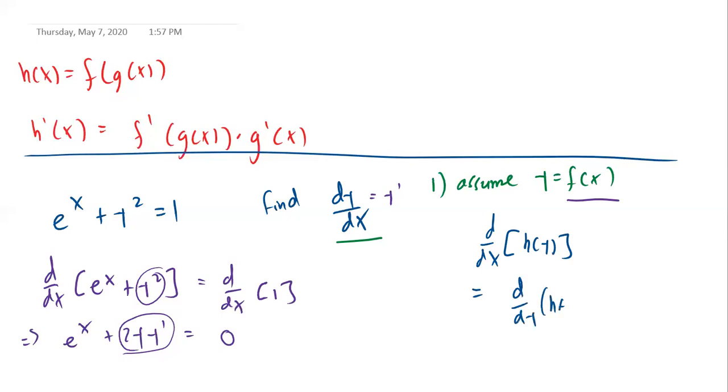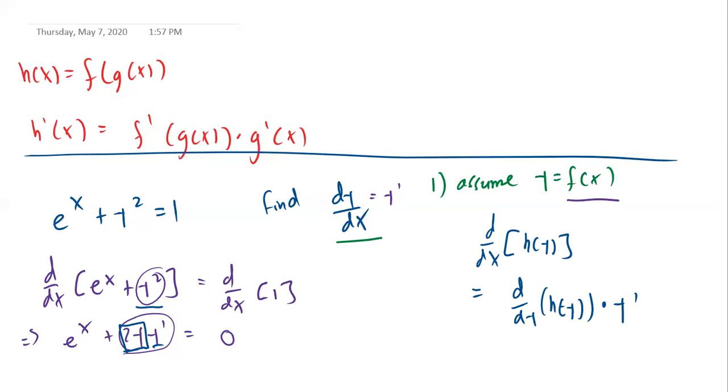Take the derivative of whatever expression of y you have, and then just multiply by y prime. That's what we did here. Here h of y was y squared. Take the derivative of h of y, multiply by y prime. We've done that a lot, so hopefully by now you get it, but that's the shortcut.